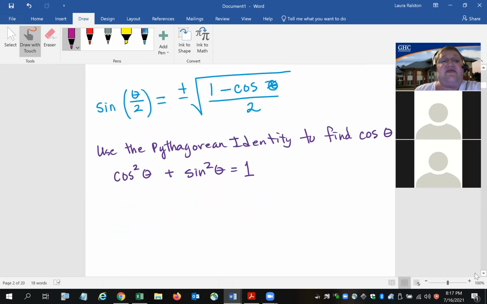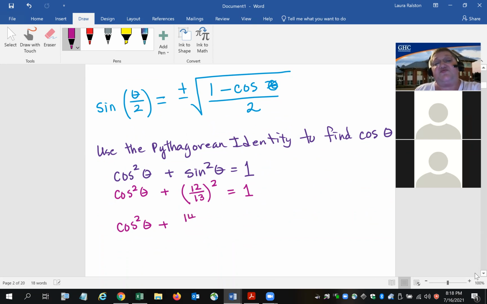I would have cosine squared theta plus 12/13 squared, 12/13 was the value I was given, equals 1 whole. So that gives me cosine squared theta plus 12 squared over 13 squared. 12 times 12 is 144. 13 times 13 is 169, equals 1.